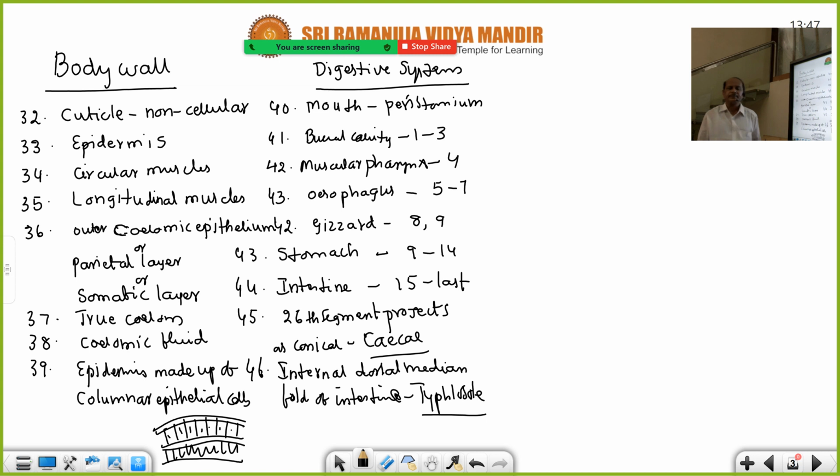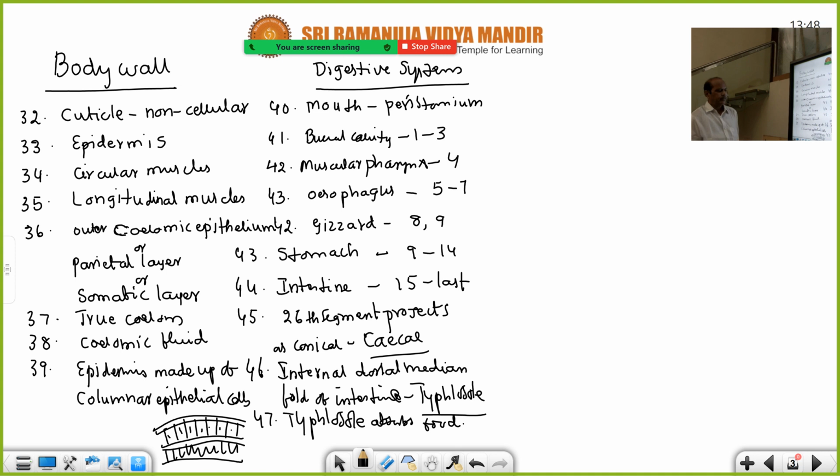Typhlosole should be underlined. Don't forget about this. Okay, that is typhlosole. Typhlosole increases the area of absorption of food. Just like villi of humans, typhlosole absorbs digested food. Simply absorbs food.